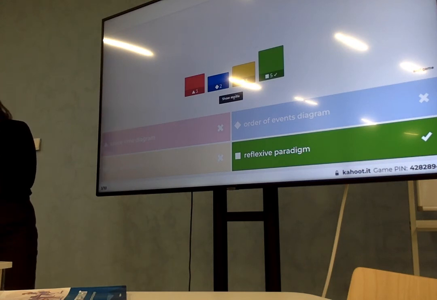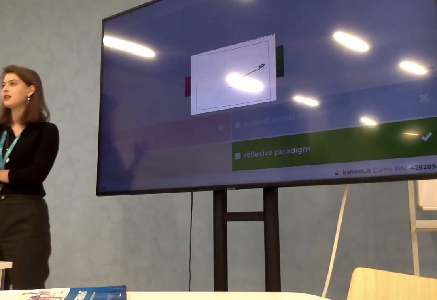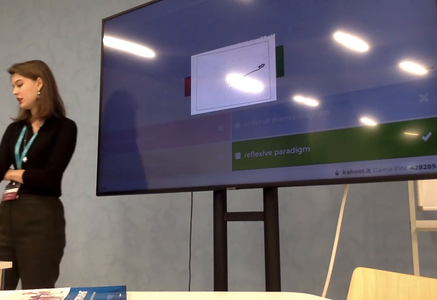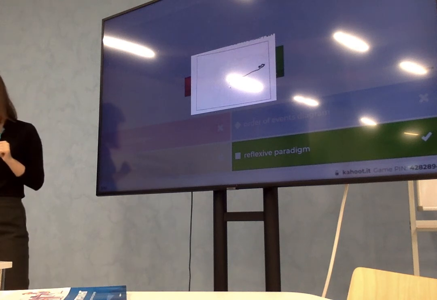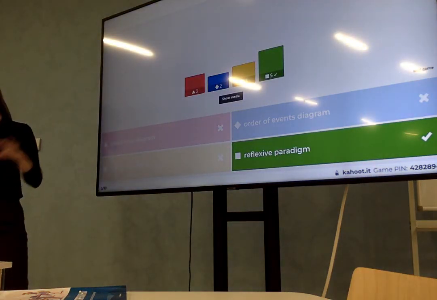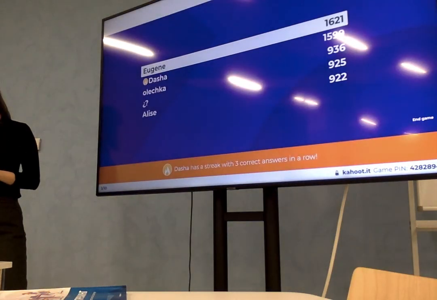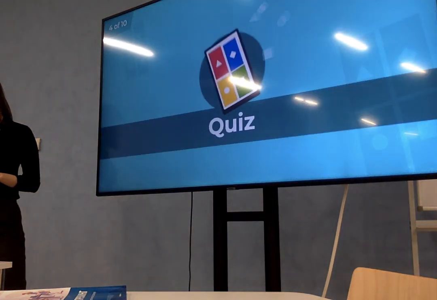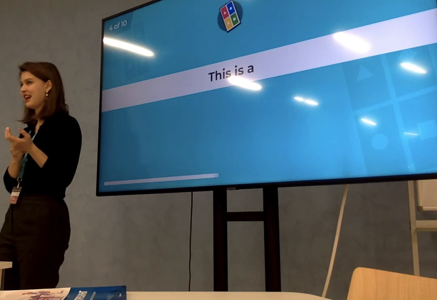That is called a reflexive paradigm because we can reflex, we can think about the way our eye moves. Space-time is like lines, task construction, specific tasks, order, 1, 2, 3. Okay. So Dasha is leading, then goes Tupac, Eugene, Glover Lou, Young. Okay, this is A.